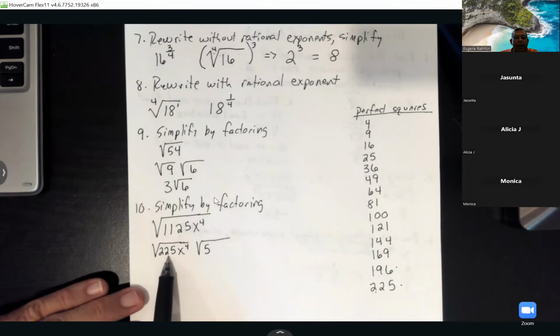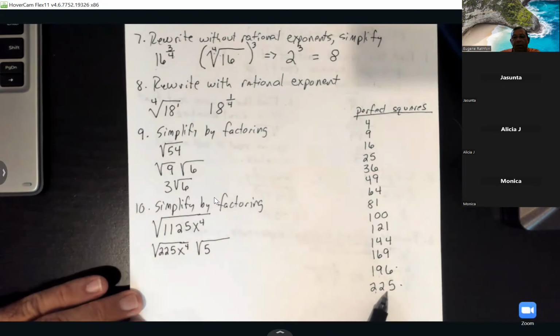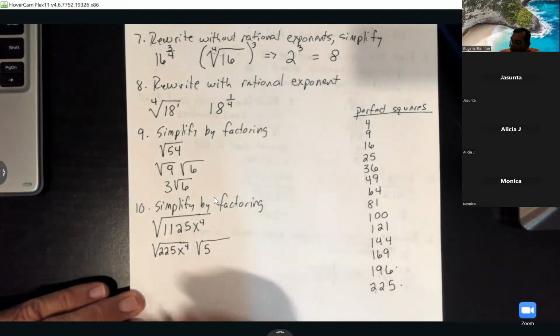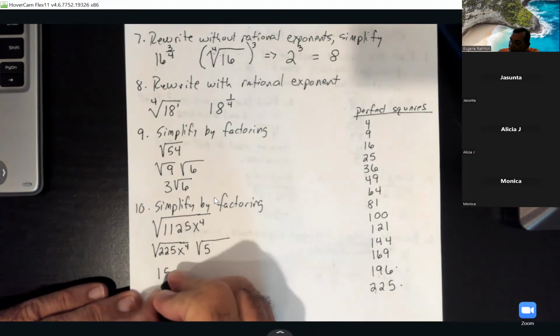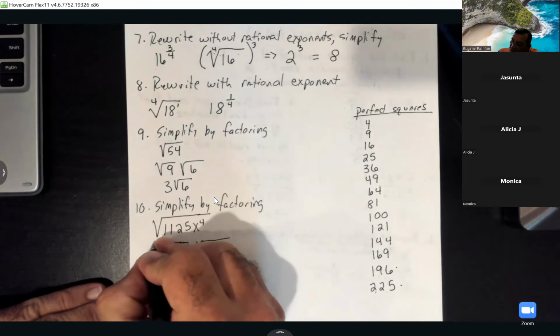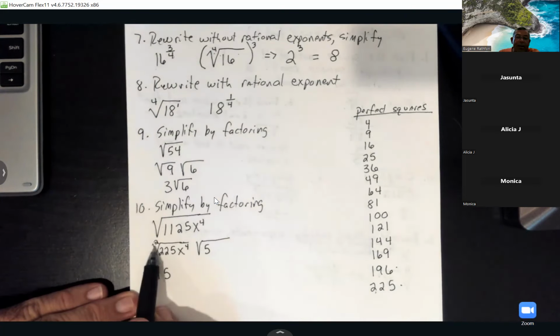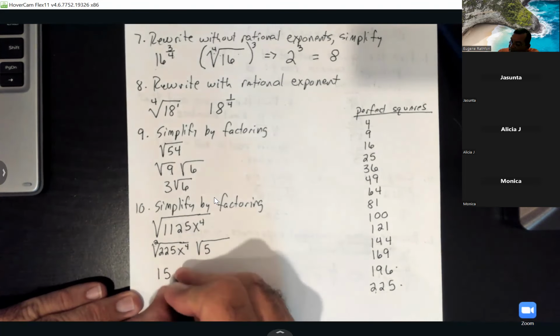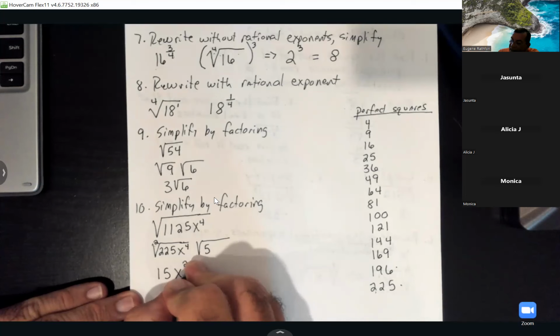So now we take the square root of 225, which we said was 15. On the variables, I take the exponent and divide by the index. And remember, if there's no number there, we treat it like a 2. So 4 divided by 2 means I get x squared out of that.